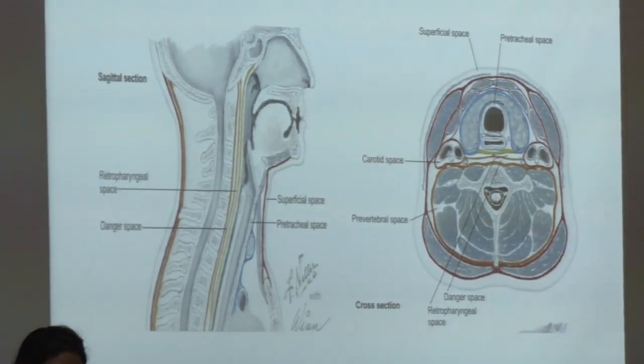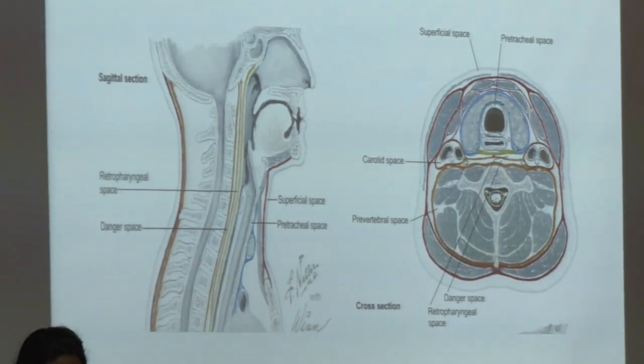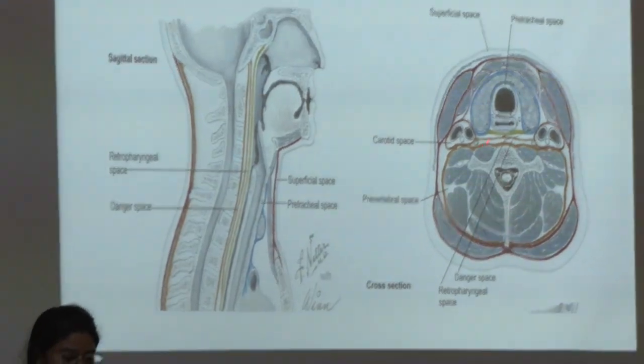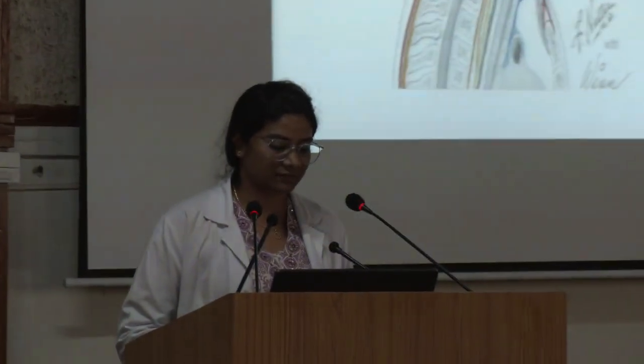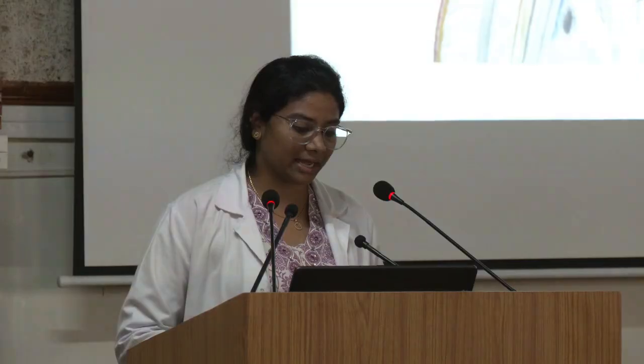Behind the alar fascia and in front of the prevertebral fascia we have the danger space of the neck, which extends from the base of the skull to the diaphragm. Behind the prevertebral fascia and in front of the cervical vertebra we have the prevertebral space, which extends from the base of the skull to the coccyx.